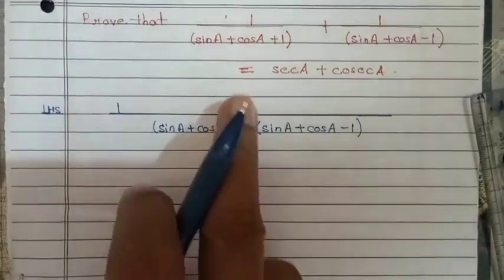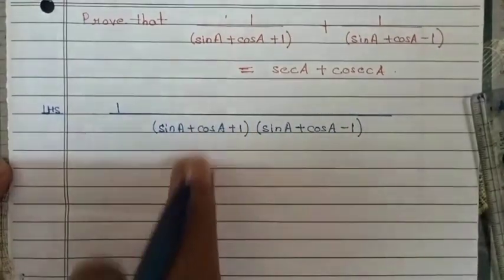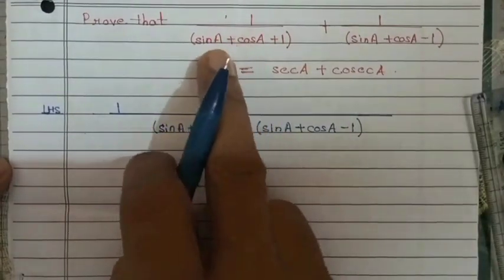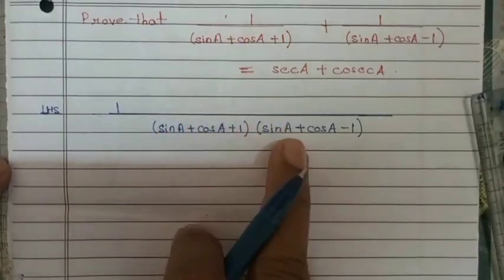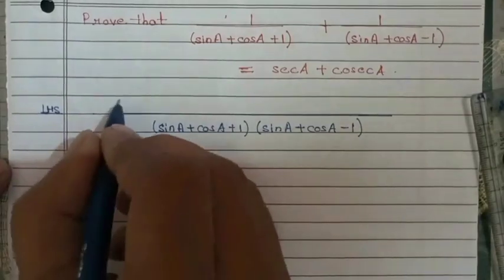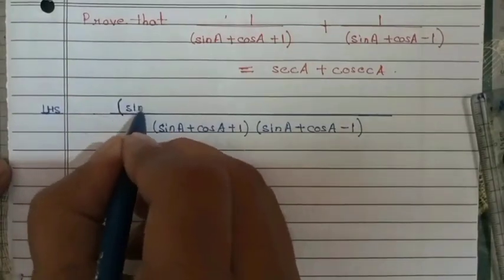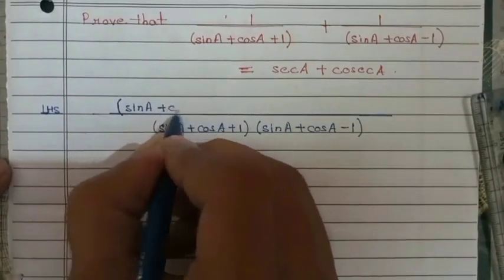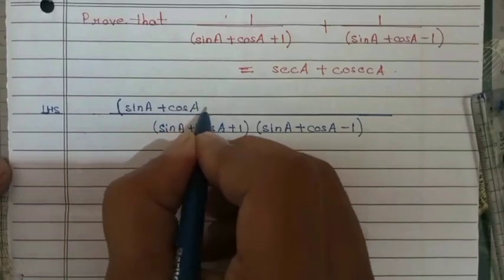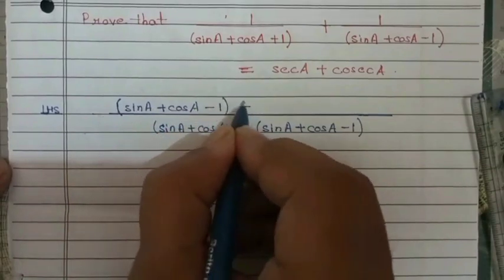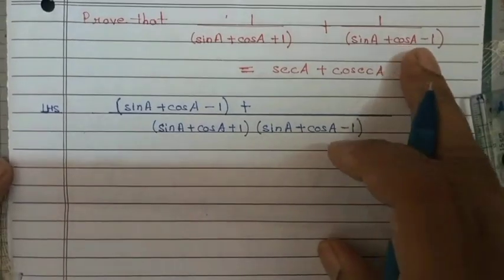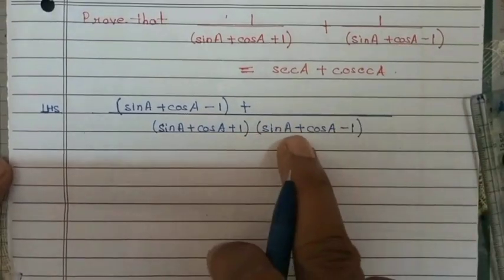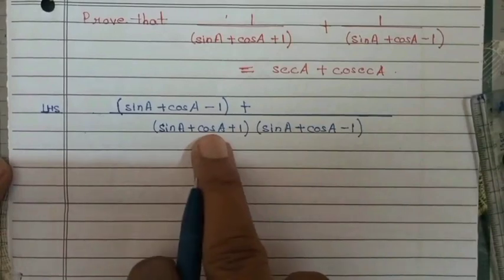Now in the first term, denominator is sine plus cos plus 1. This will reduce this part, so we are left with this. It will be multiplied in the numerator part. So in the numerator part we are getting sine plus cos minus 1. Now in this one, denominator sine plus cos minus 1 will reduce this, so you are left with sine plus cos plus 1.